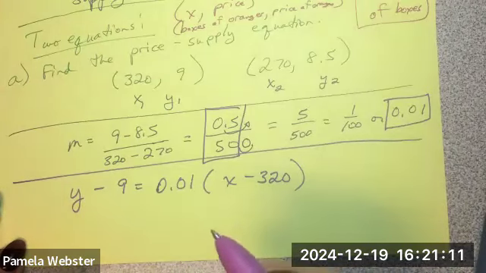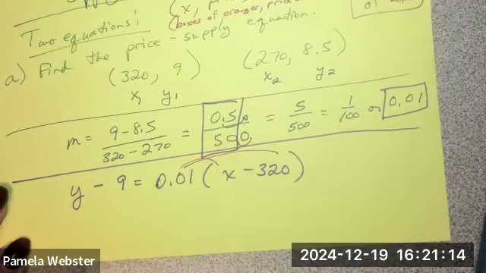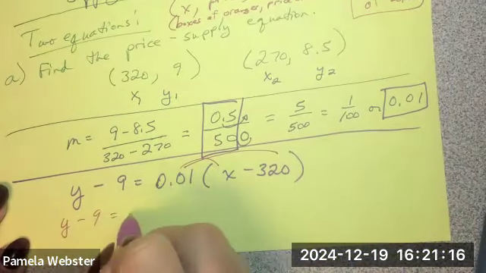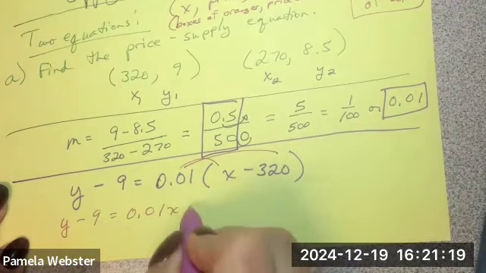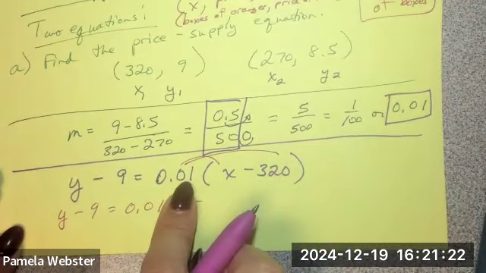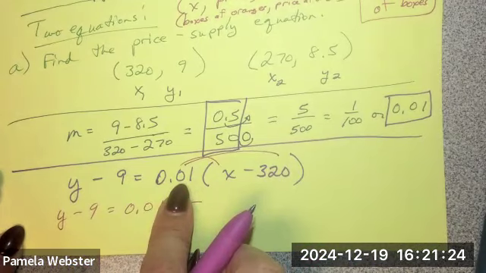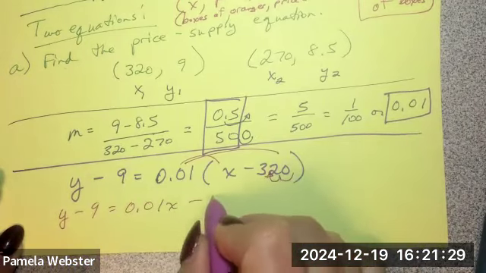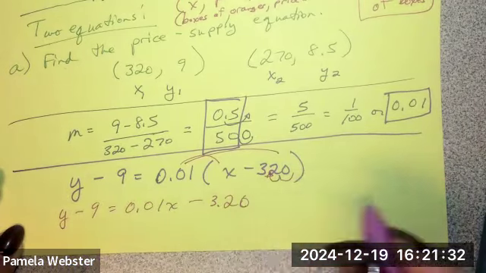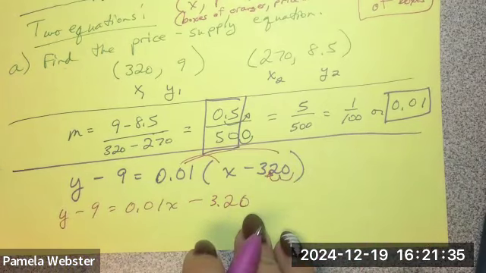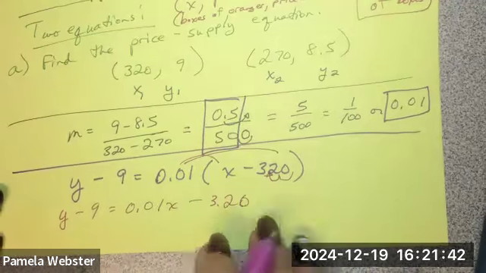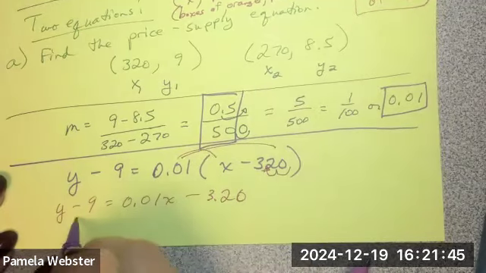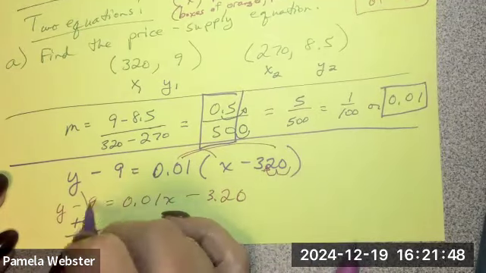I'm going to go ahead and distribute this. Y minus 9 equals 0.01x minus the 320 times the 0.01. Does everybody agree that that's like dividing by 100? So this is going to be 3.20, but we don't care about the 0 at the back of a decimal. So 3.2. And then the last thing I need to do here is add the 9. That'll go away.